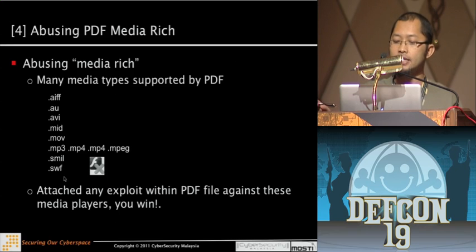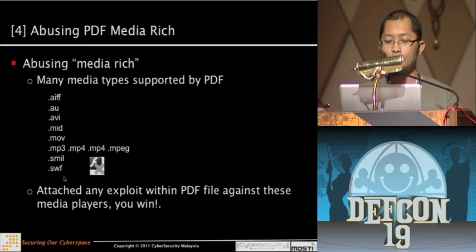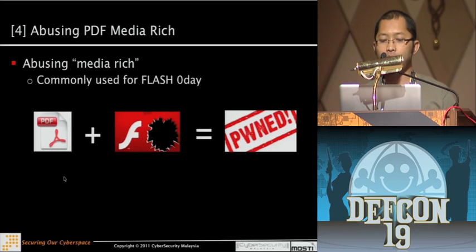So if you attach any exploit within the PDF file against this media player, you normally win, because people are not really suspicious of clicking on a PDF, compared with clicking on an MP3 or .mov that comes over your email or something. Okay, and normally the PDF is used against a Flash 0-day.